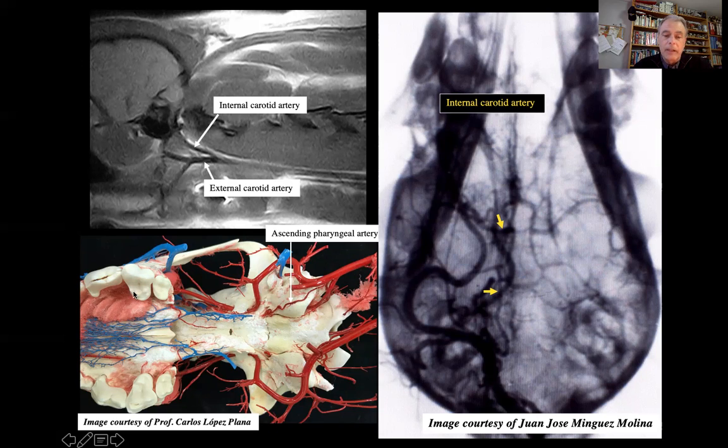This is a ventral view of the cranium of a dog, and you see the common carotid artery dividing into the external carotid artery and the internal carotid artery, which enters through the tympanoccipital fissure in order to go through the carotid foramen. The internal carotid artery appears at the carotid foramen, and there it is joined by the ascending pharyngeal artery, a branch of the external carotid artery.